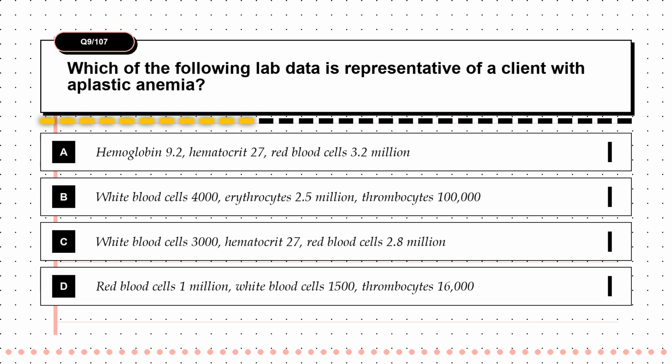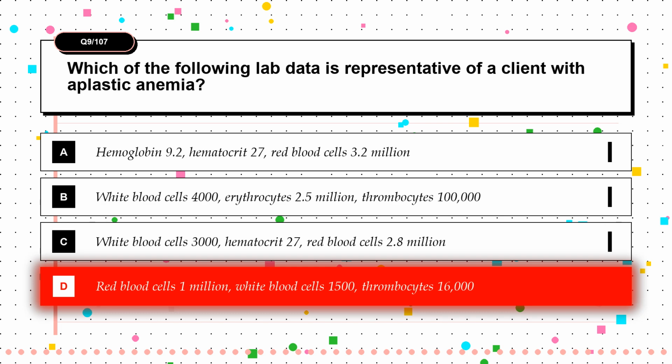Option C. White blood cells 3,000, hematocrit 27, red blood cells 2.8 million. Option D. Red blood cells 1 million, white blood cells 1,500, thrombocytes 16,000.